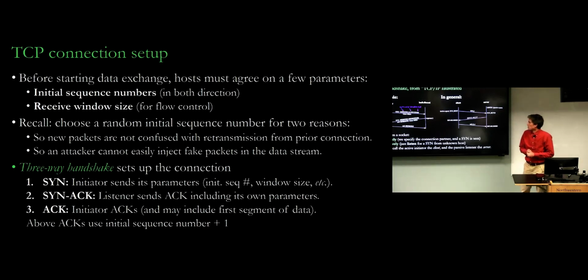So when you're dealing with TCP sockets, you can open a socket either actively or passively. And actually, you did both in project 1. An active socket is when you specify the connection partner, meaning you specify what host you want to connect to. That's like when you implemented the client.